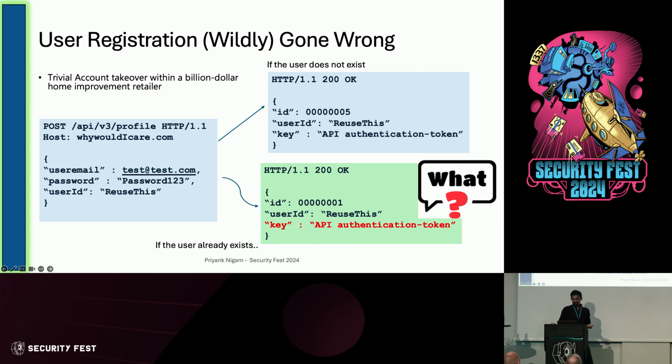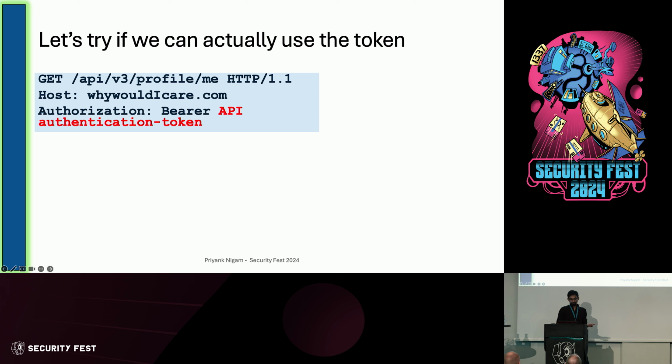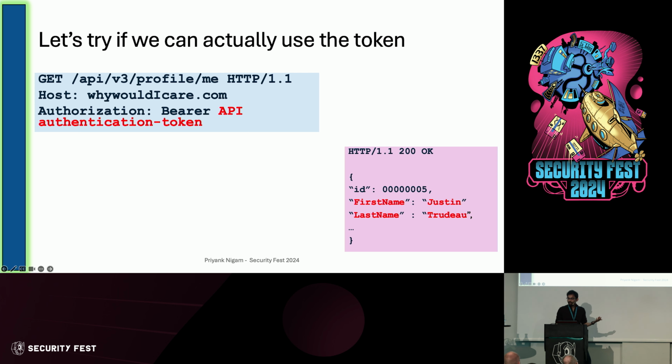And actually, it turns out, when I did a test on getting profile details for my user using the authentication token I already obtained for another user, it totally works for that user, which is a textbook level account takeover, but such things exist, so do not give up.